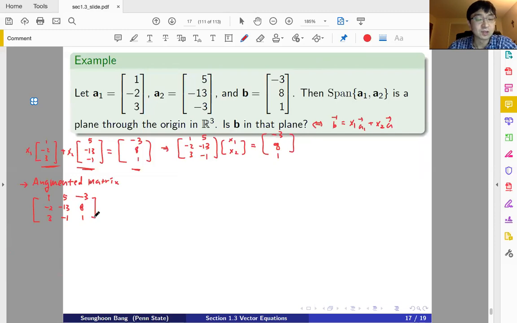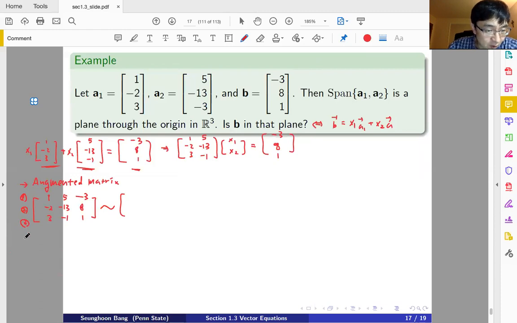This is the augmented matrix. You can use echelon form. First, you have to eliminate the negative 2 and the 3. How can you do that? This is the first row, this is the second row, this is the third row.